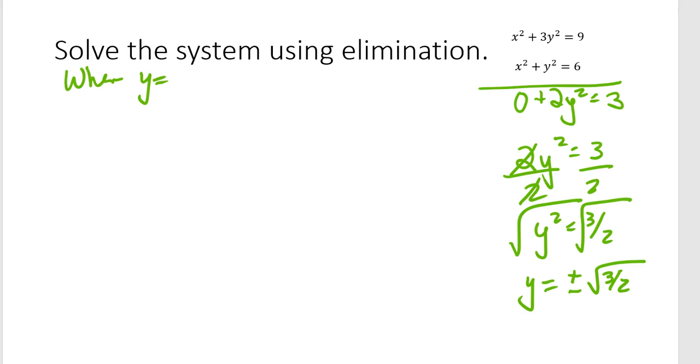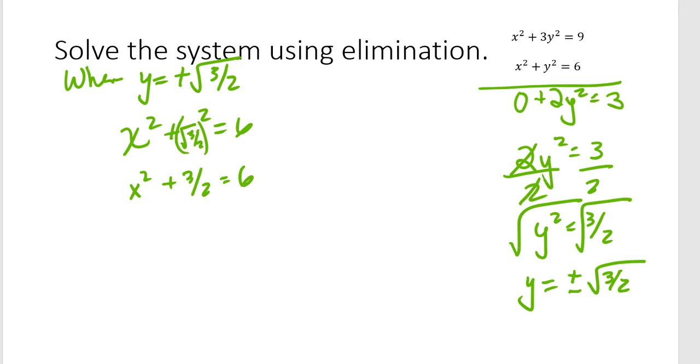So let's first consider when y is equal to plus square root of 3/2. So if I put it back into my second equation, and I'm just choosing that one because it looks a little simpler, but I could choose either one. So instead of y, I'm going to replace it with the square root of 3/2, which when you square it will become just 3/2.